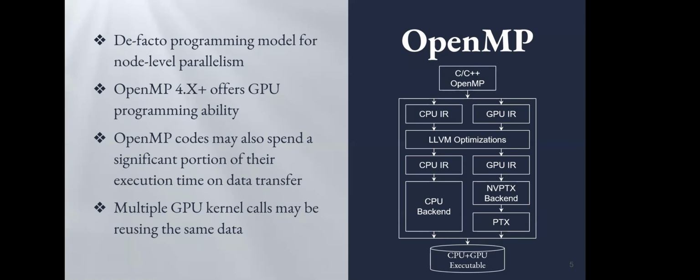Now, the problem of portability and programmability can be reduced to a large extent by using a directive-based language like OpenMP, which, as we all know, is the de facto programming model for node-level parallelism in HPC. And ever since 4.0, it also provides GPU offloading support.